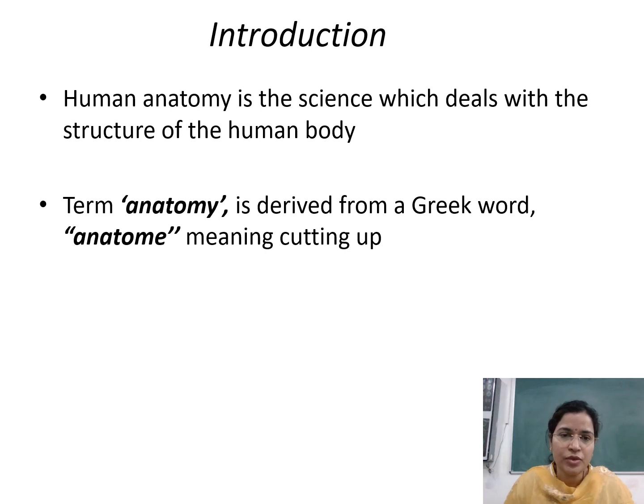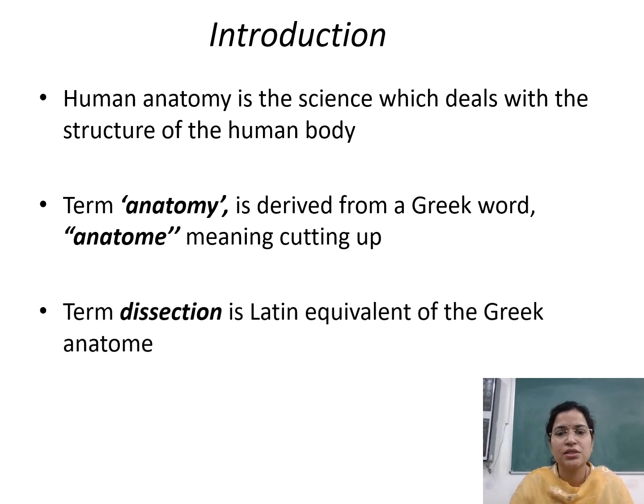Anatome means cutting up. Another terminology is dissection, which is a Latin word similar to the Greek word. Meaning-wise it is similar, but anatomy is a vast subject, a wide field of science, whereas dissection is a technique, done practically on dead bodies.